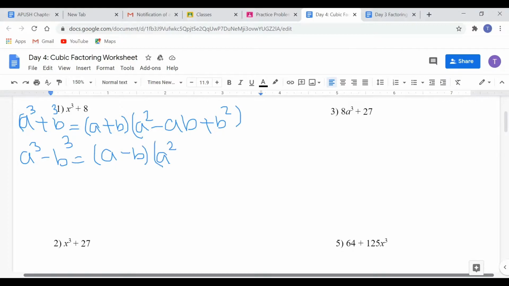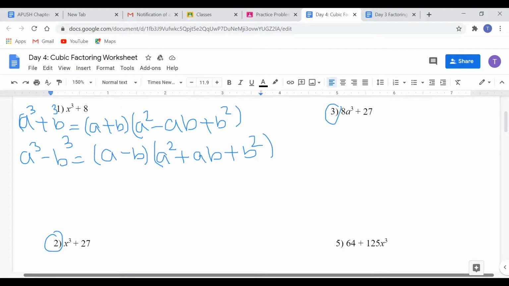Again, this is the place where it should have a different sign, so A, B, and this is the place where it always should have a positive or plus sign. There you go, that's your formula. And again, we are working on number 2 and number 3.